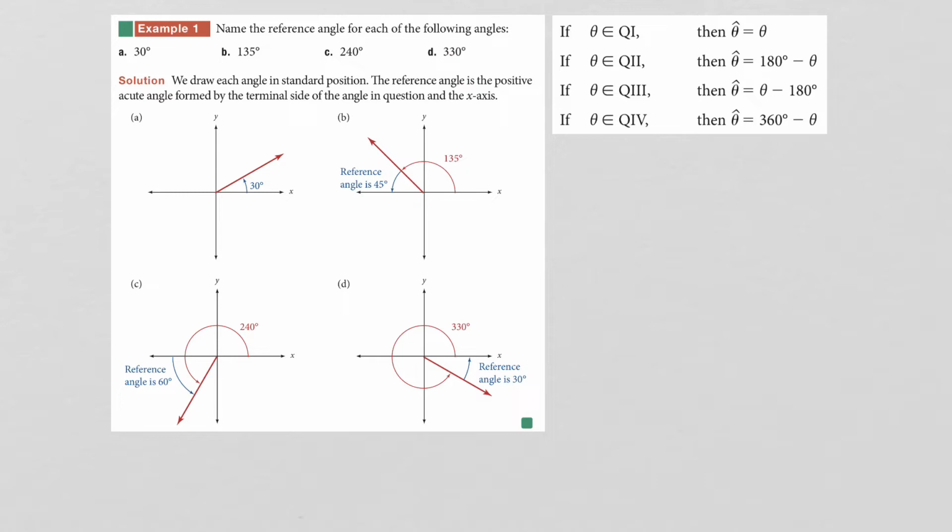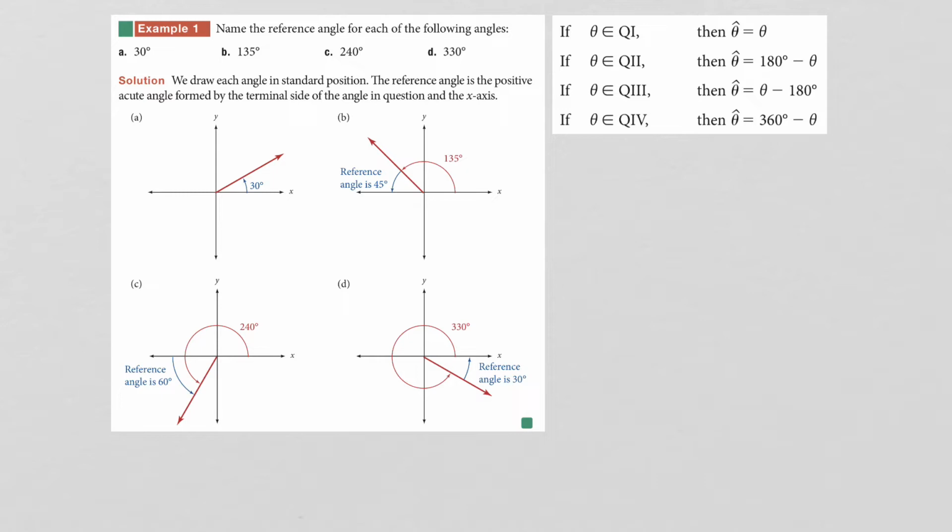And here you can see for the angle 30 degrees, which is an angle that terminates in the first quadrant, the reference angle is the angle between that terminal side and the x-axis. And of course, if the angle itself is 30 degrees, the angle here is also 30 degrees. So the reference angle for an angle in the first quadrant is basically the angle itself, as long as it's between 0 and 90 degrees.